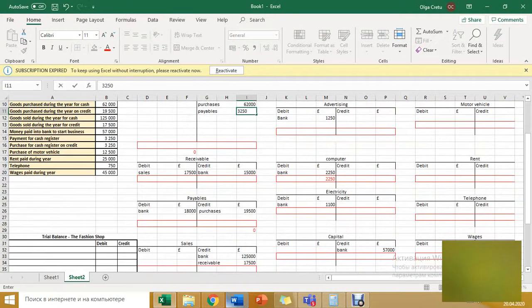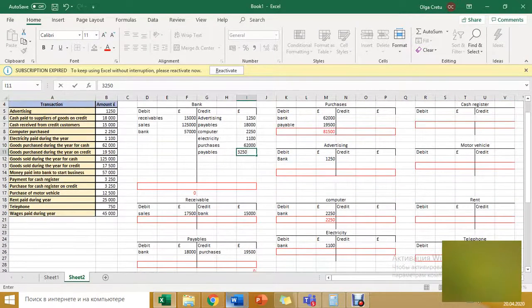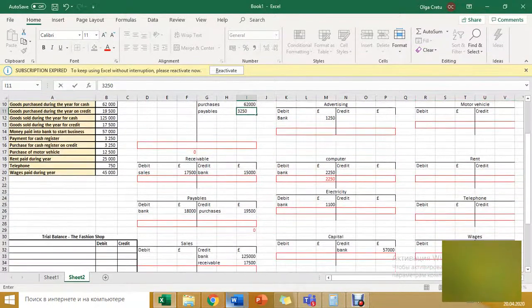And then we have the payable account. What is our payable account? Cash register. And then we said that we purchased on credit.